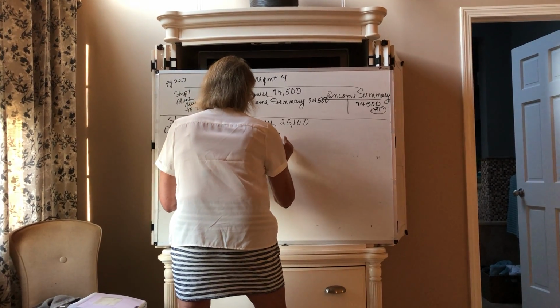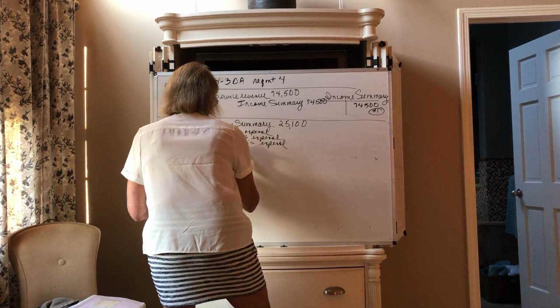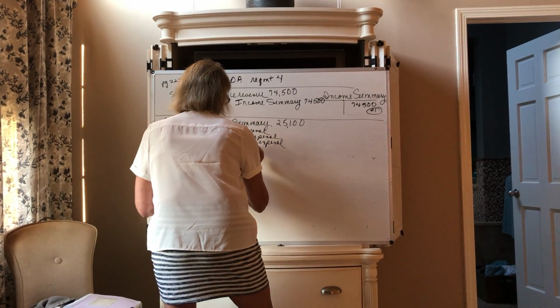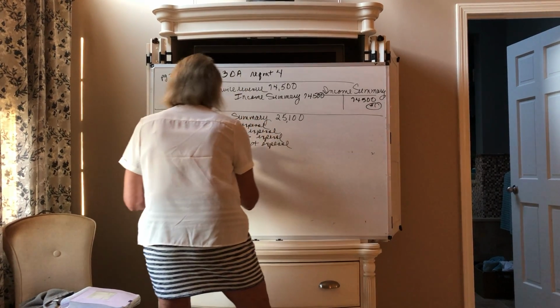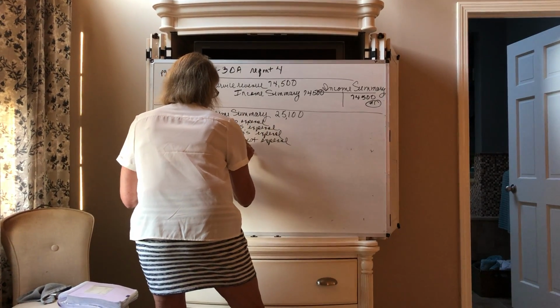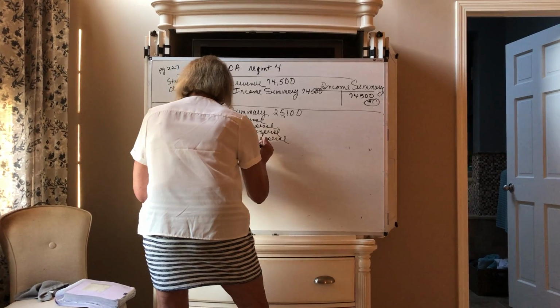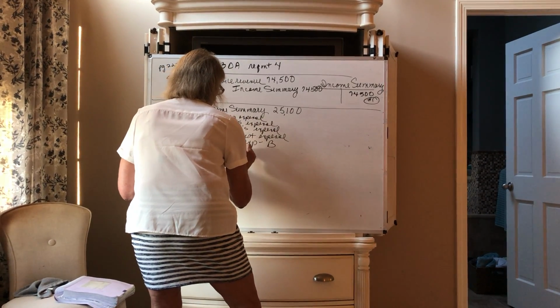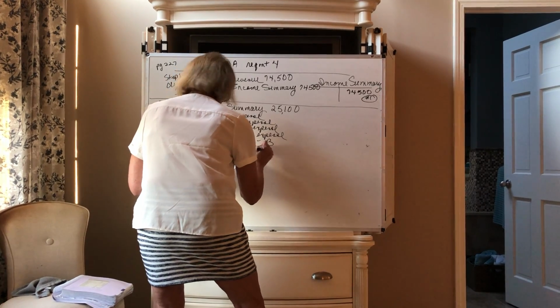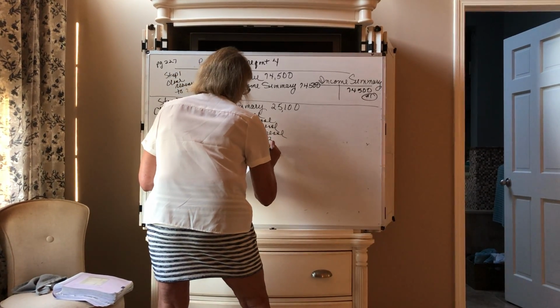And then we have interest. They want to really give it to us in this problem. And then we have the 2 depreciations. Depreciation expense for building, I'll put B. Depreciation expense for equipment. Okay?